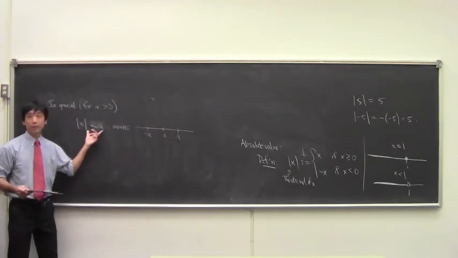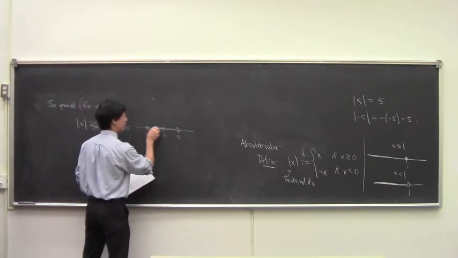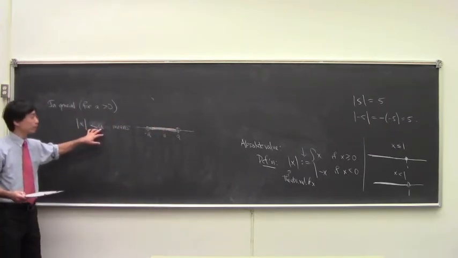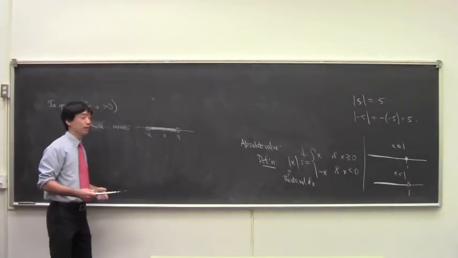For the absolute value to be less than a just means that x lies between here and here. Right? The absolute value being less than something means that the size is smaller than a.